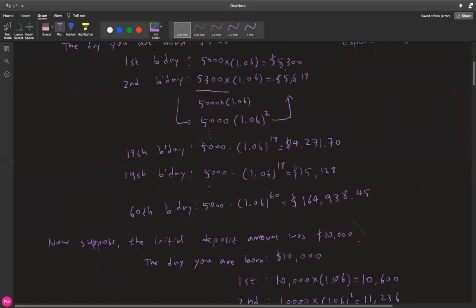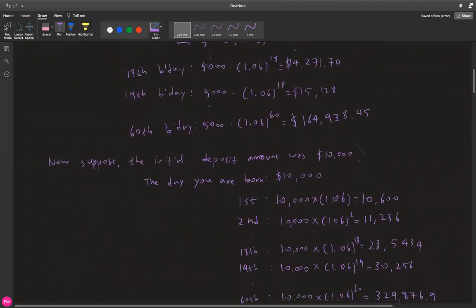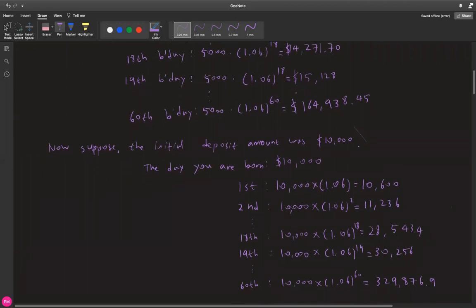And same goes for the second birthday. Same for the 18th birthday, 19th, and also the 60th birthday. So we should be able to see that the principal amount or initial deposit amount is directly correlated to the final value.